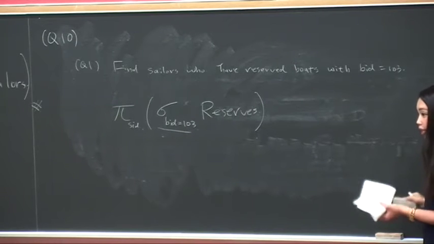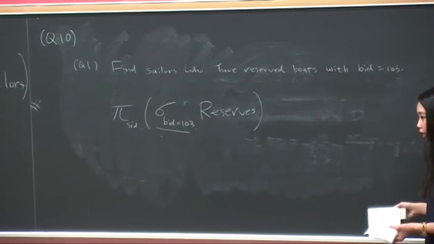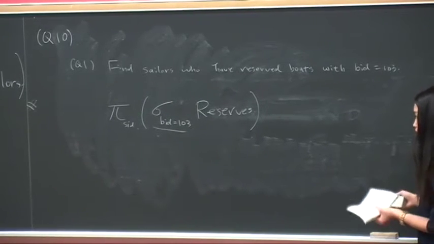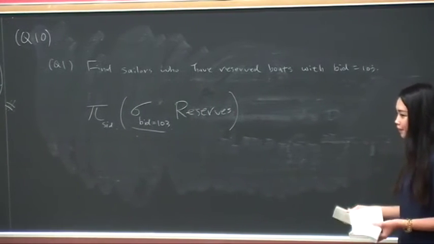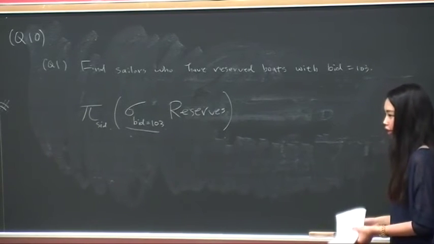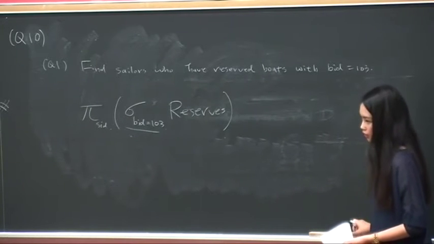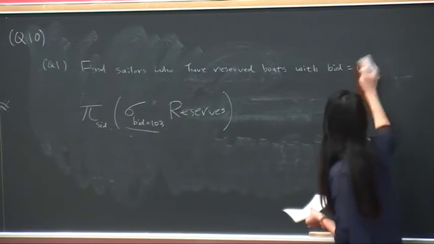But because the name of the boats is not unique, there might be multiple boats with the same name, and we want to find those sailors who have reserved all of the boats called Interlake. So that's why for this one we will need to use division, but not for query one.